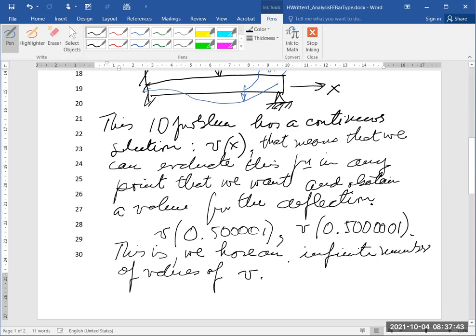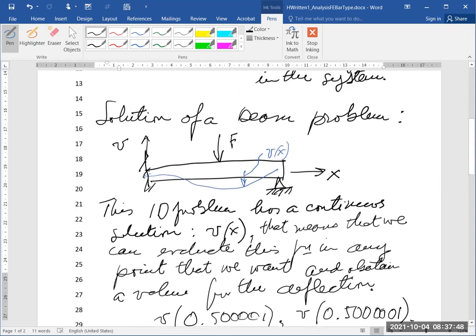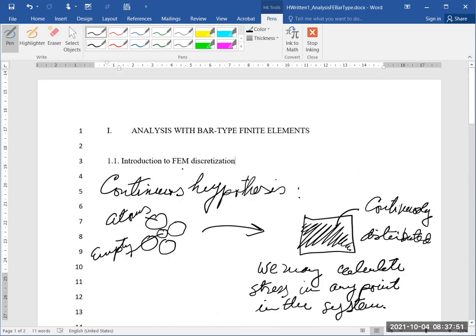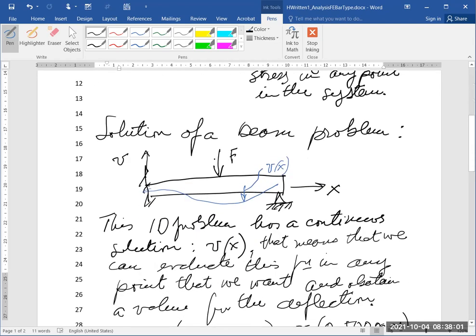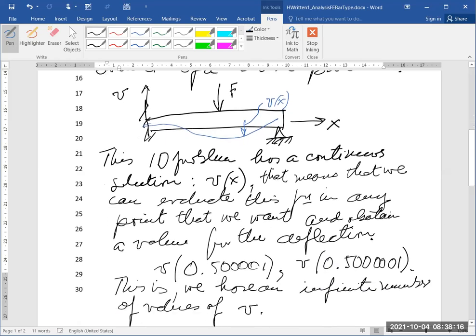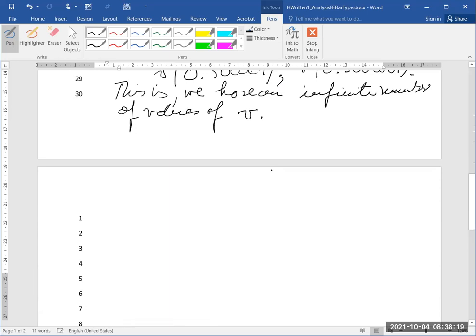Now, this is a continuous problem. At the beginning, I said that this is an introduction to the finite element method discretization. So instead of trying to solve this problem by finding V of X, we're going to try to find a similar problem which includes only a discrete number of unknowns. That's a discretization.